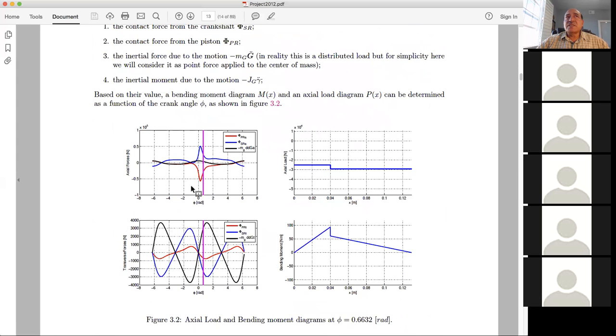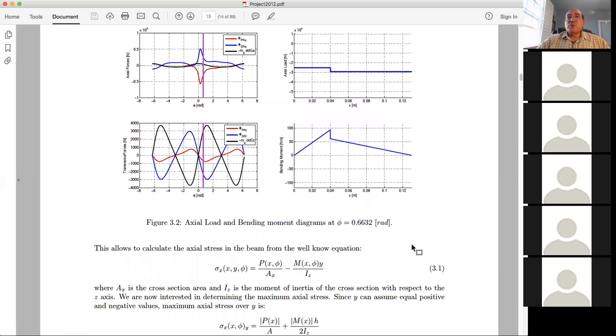These are variations as a function of angle, so if you change the angle, all of these forces will change, and you have them here. The code can give you these numbers, but if you just take one particular angle, you can make the distribution of the axial forces, transverse forces, and bending moment diagram like we have in class.